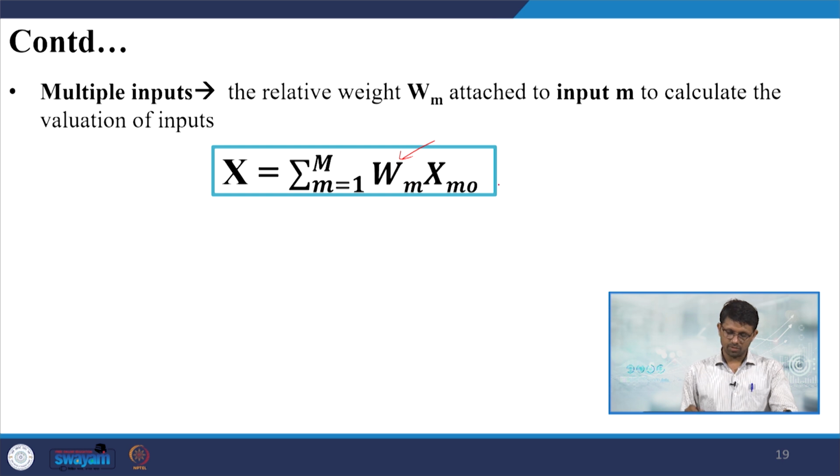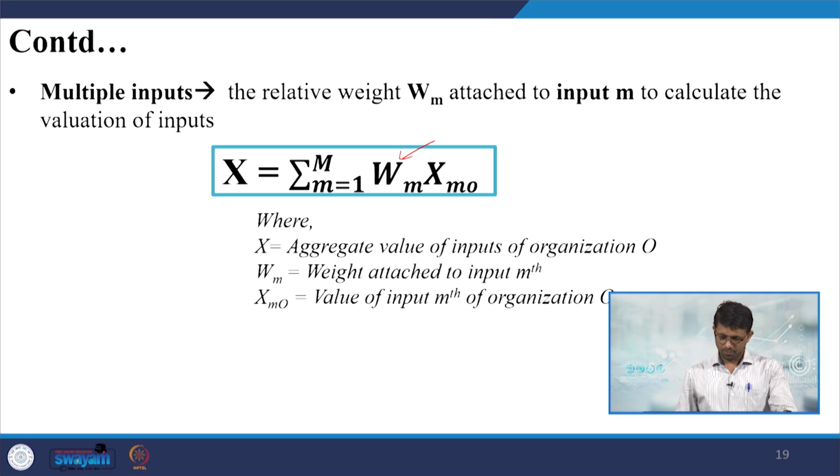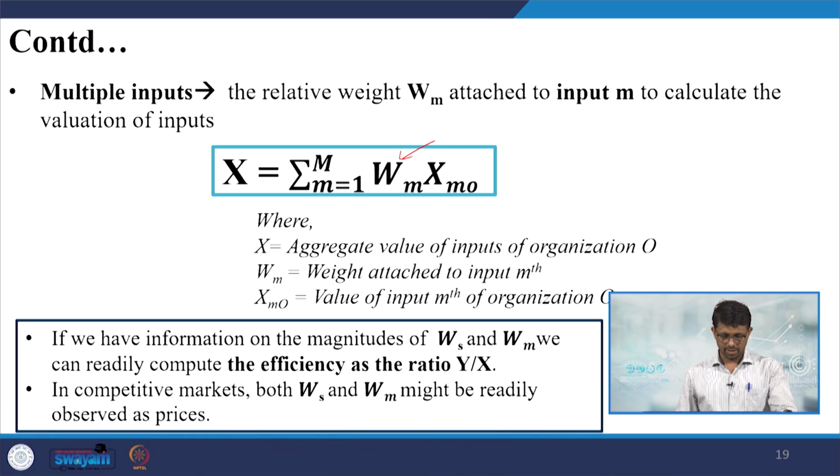Here M stands for the jth unit of inputs, and accordingly we derive their indexed representative variable x. If we have information on the magnitude of Ws for the output and Wm for the inputs, we can readily compute the efficiency as the ratio of y upon x.